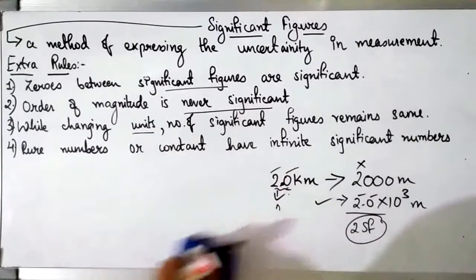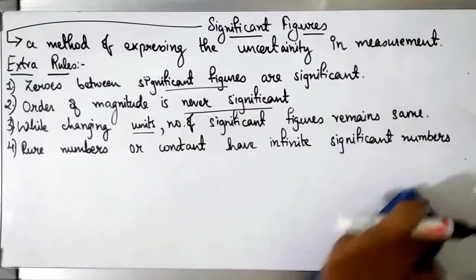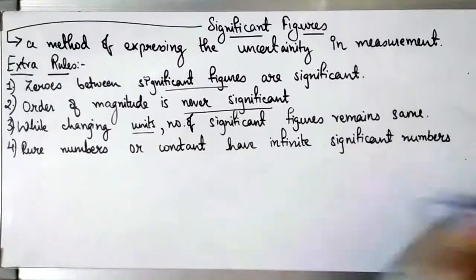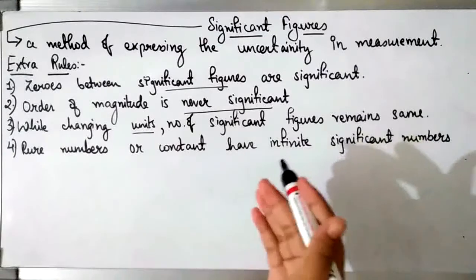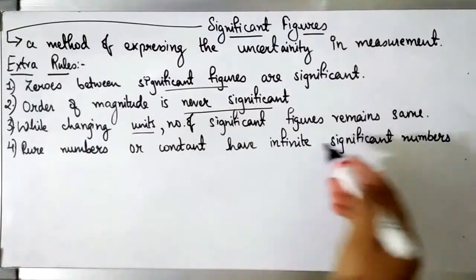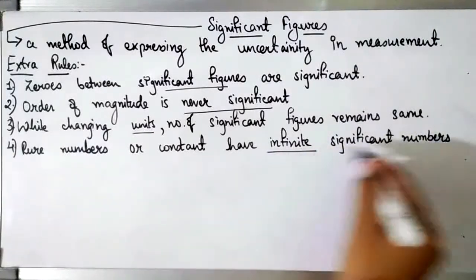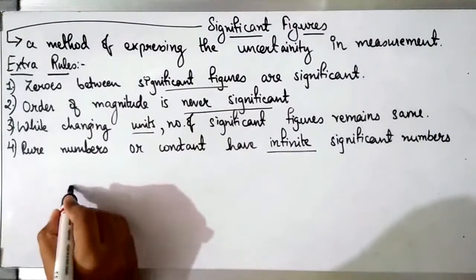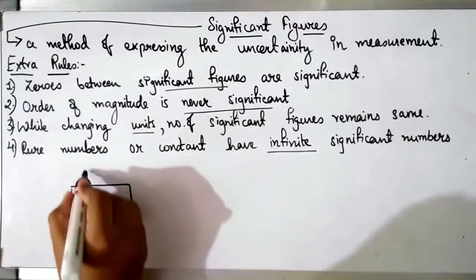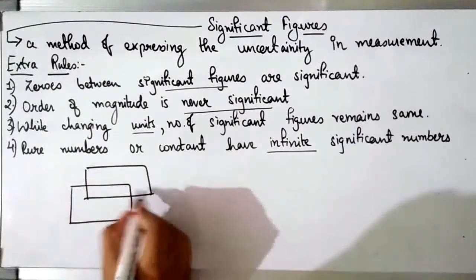Now let's see what the fourth one says. The fourth one says that pure numbers or constants have infinite significant figures. For example, let's say we have a cube.